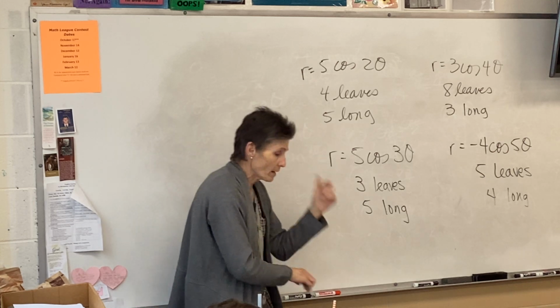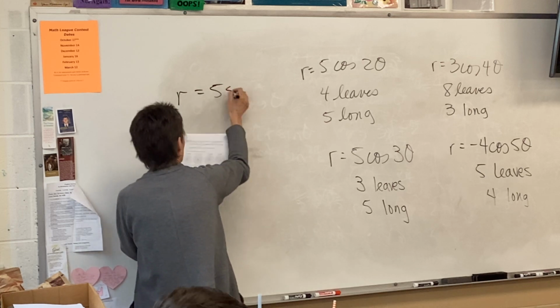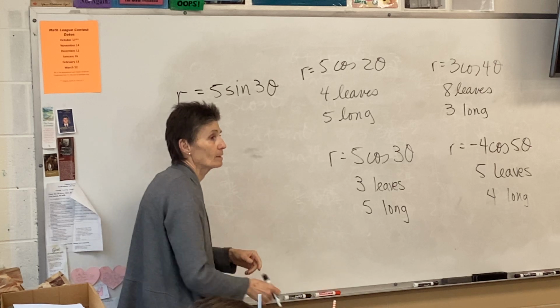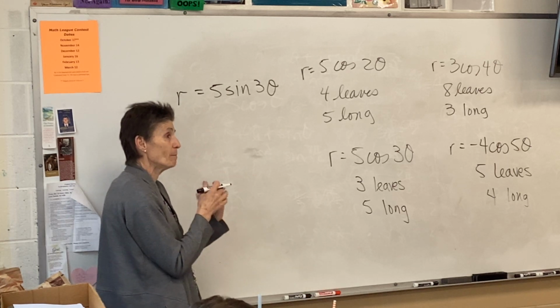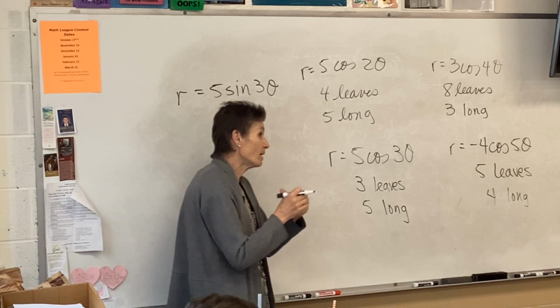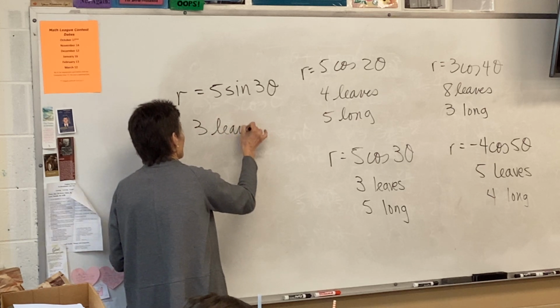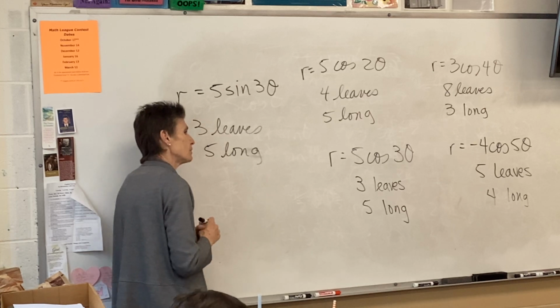So I have an equation. The next one I'm going to do is r equals 5 sine 3 theta. Without doing it, do you have a guess as to how many leaves there will be, and how long they'll be, Joe Funk? 3 leaves, 5 long. Good, Joe.